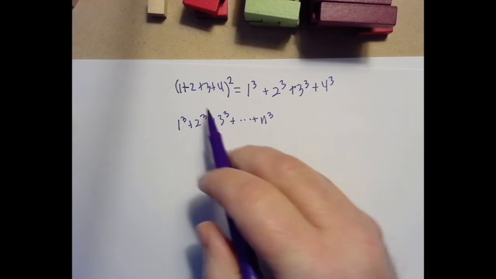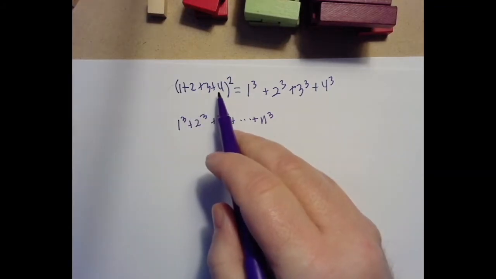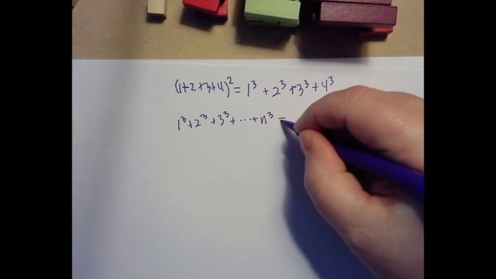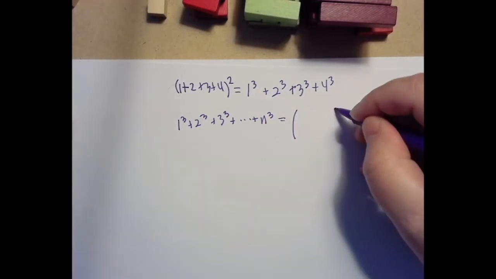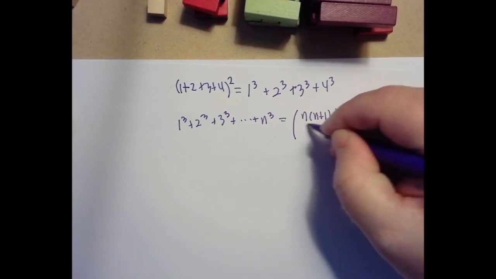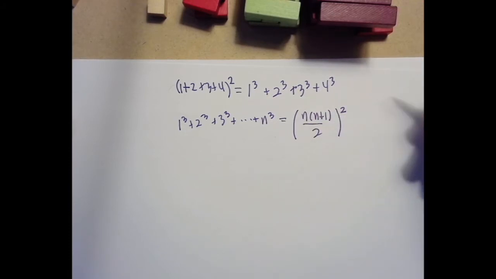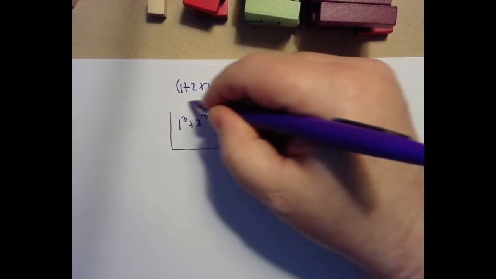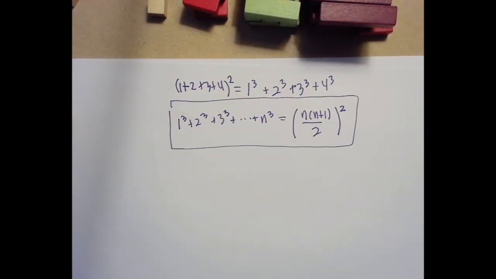Now if I look at what I have here, this is a triangular number. Now we know that the sum of the first n integers is, so inside the parentheses, n plus 1 over 2 squared. And we have this theorem by Nicomachus, ancient Greek, the sum of the cubes.